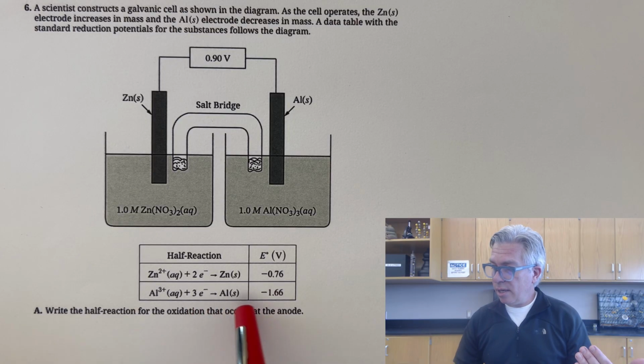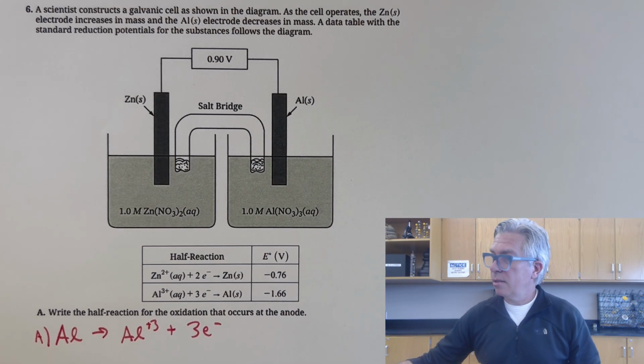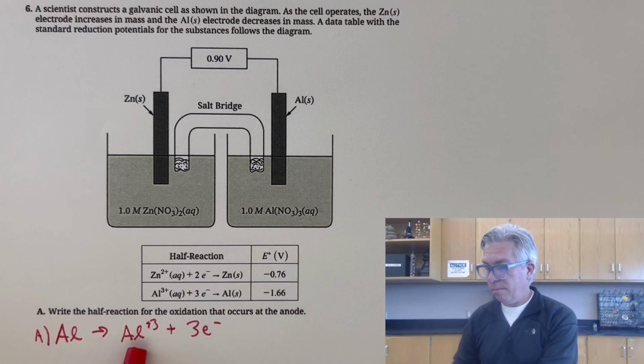And so we need to flip this bottom one to get a more positive overall cell potential. And so therefore we just reverse this half reaction to make aluminum, making aluminum ion and those 3 electrons. So if you put that on your AP Chemistry exam, you can pat yourself on the back knowing you got that one correct.